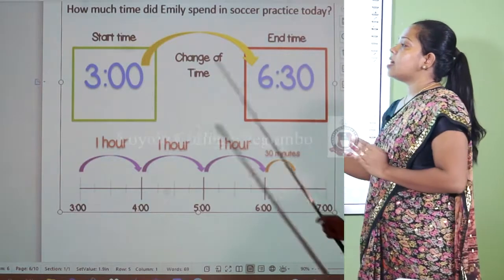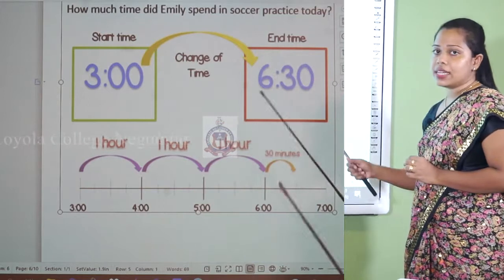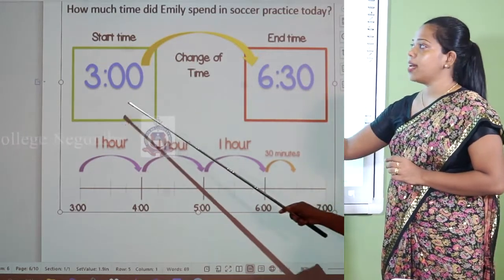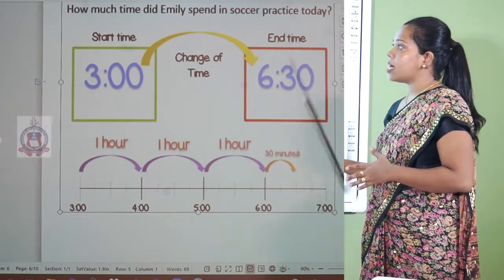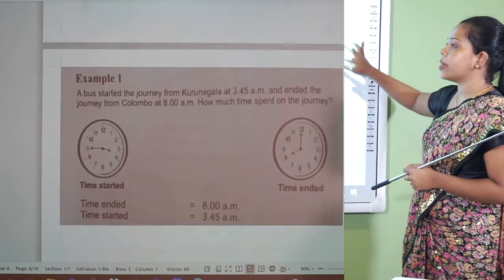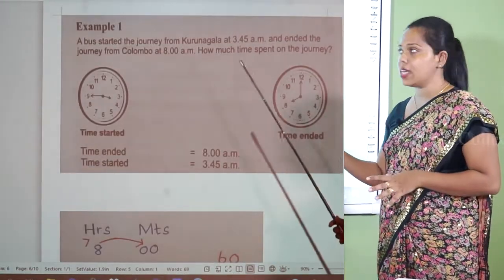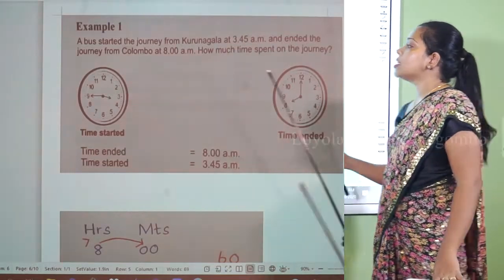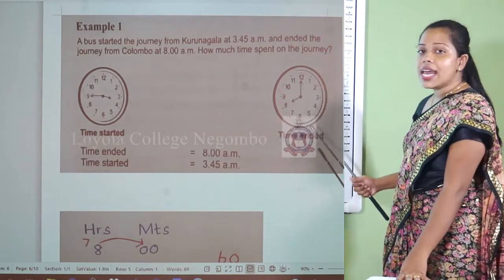We subtracted the started time from the ended time. That means from the end time you subtract the start time. So here also it's the same. To find the time spent on the journey, you need to subtract the time started from the time ended.